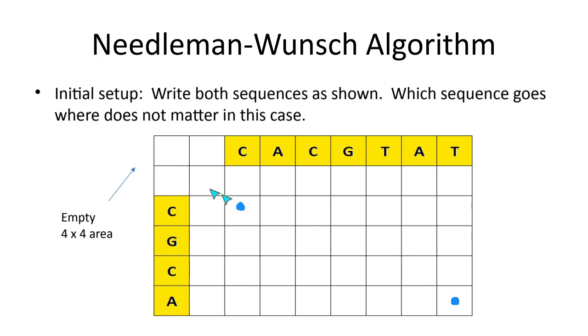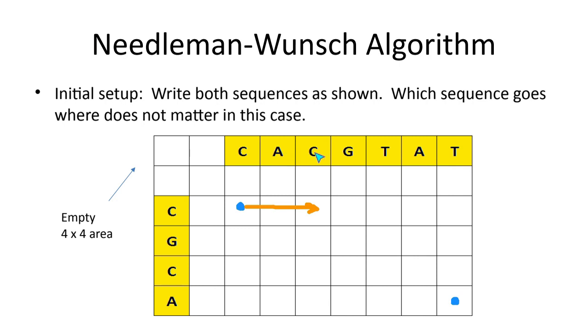Now then, what we really need to do is find the best path, the best way to go from the starting location to the ending location. And when we do this, anytime we move in this direction, it's kind of the equivalent of aligning the letters along here, along the top sequence, with gaps.